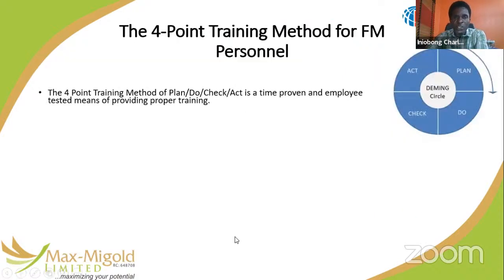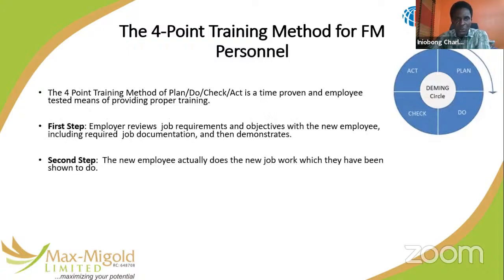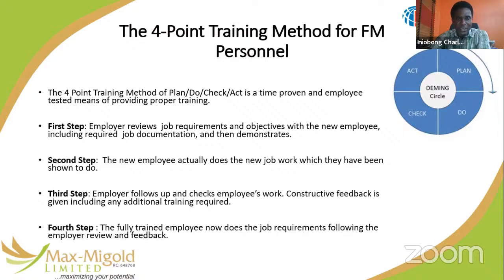All right, the 4-point training method for FM personnel. We talked about how quality can also be influenced by your personnel, their ability, their skill sets, their competence. So it is your duty as an FM to ensure that you train those that are under you.